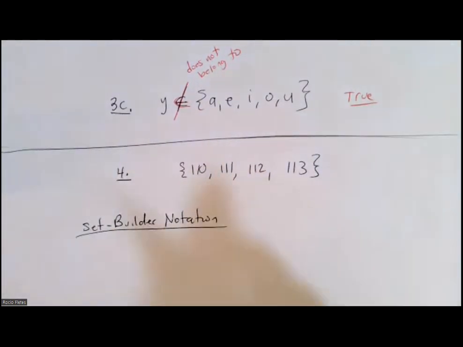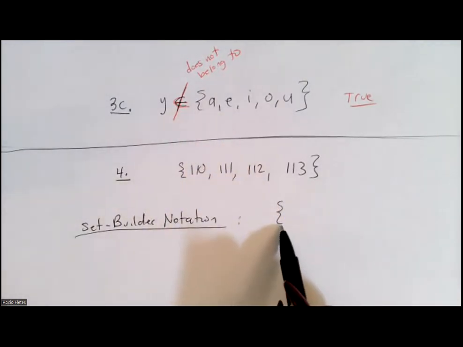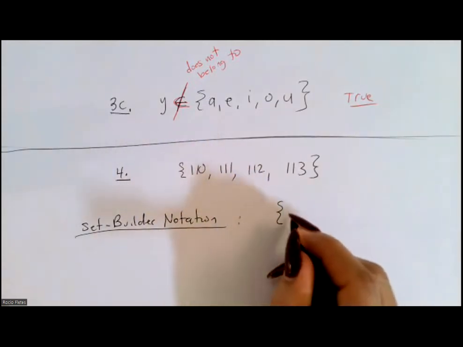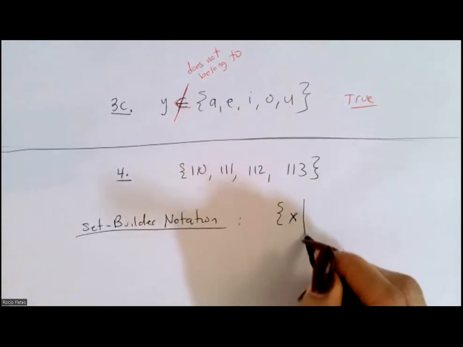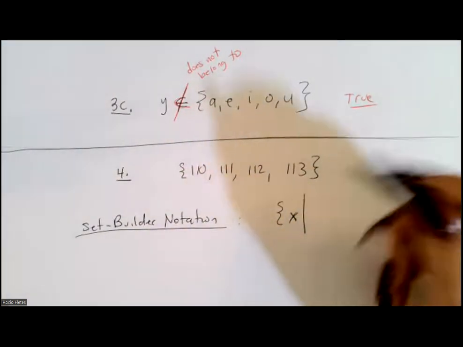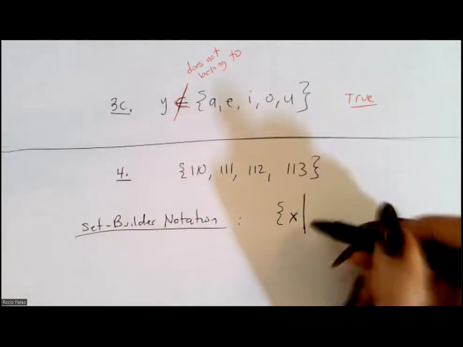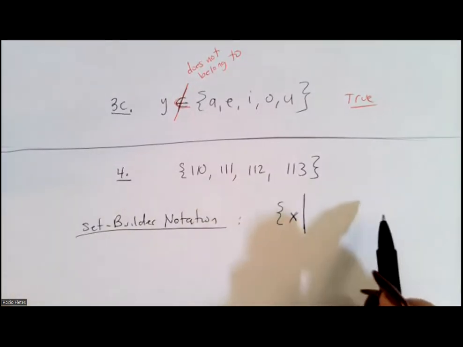So using the set builder notation, you write the set and you can use X. You can say the set of all the X's and then the line, which you read as such that, or this line is to separate the definition. So you're going to define the set now.